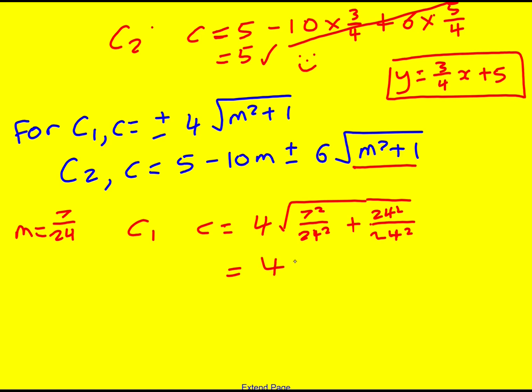So I can add these two fractions, and in the question it tells you the Pythagorean triple, 7 squared plus 24 squared is 25 squared. I don't need to work that out.